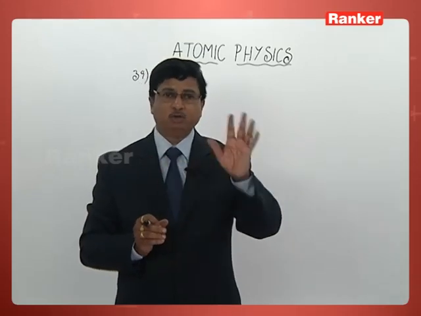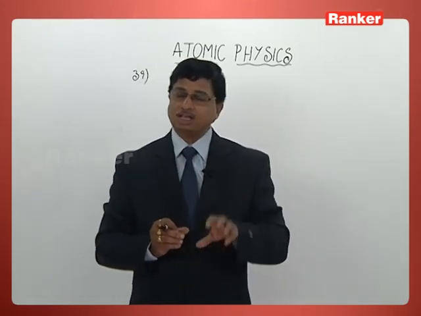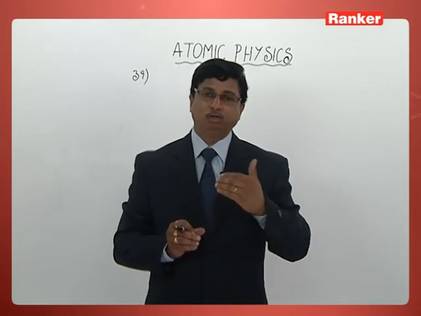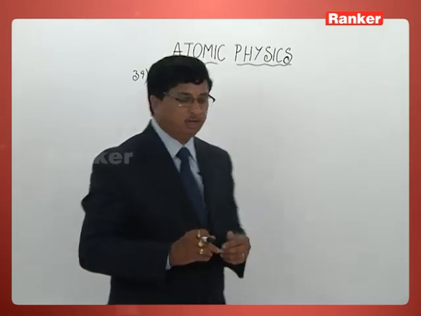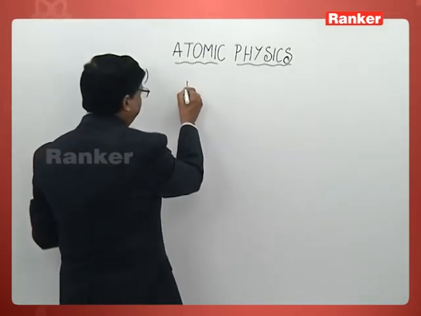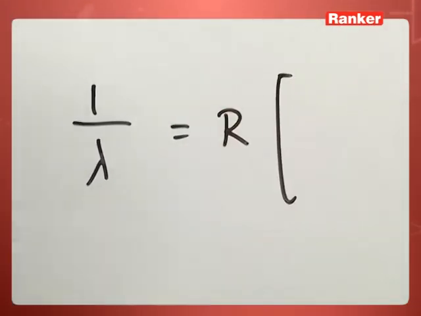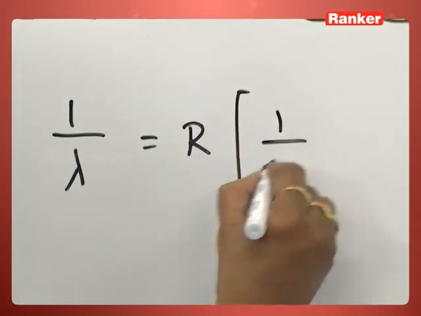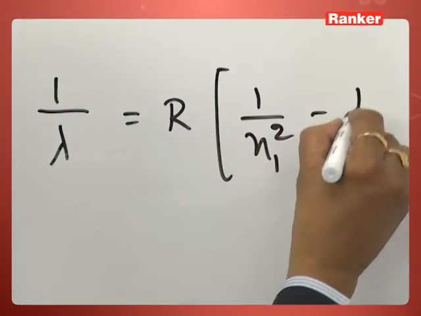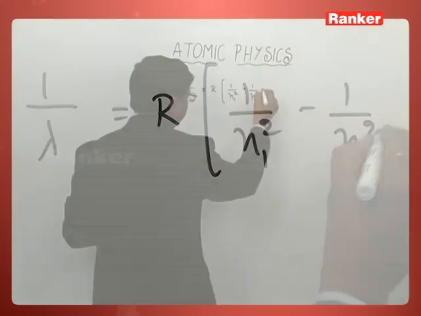That order, okay, we know. But for all these, you need to remember the general equation. What is the general equation here? 1 by lambda is equal to Rydberg constant R into (1 by n1 square minus 1 by n2 square).